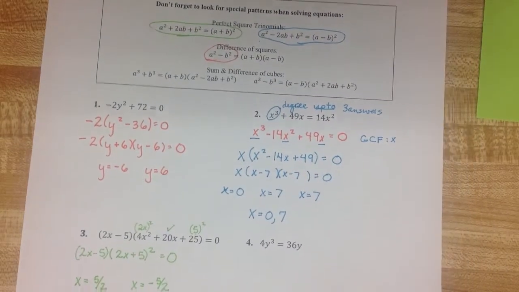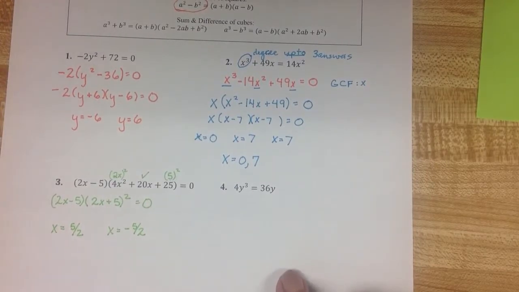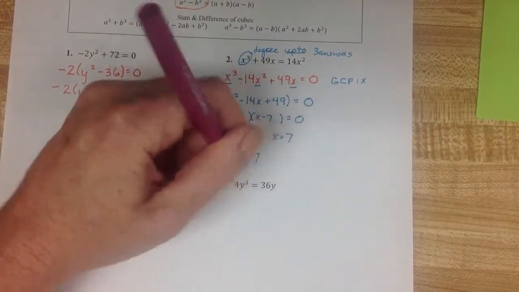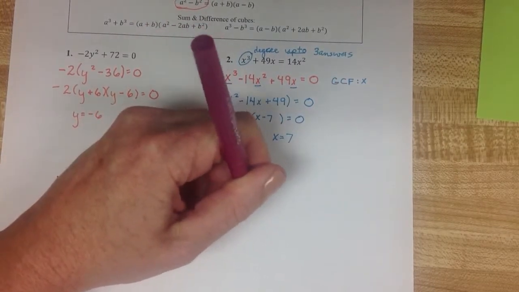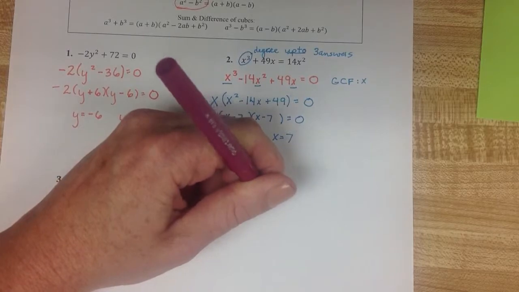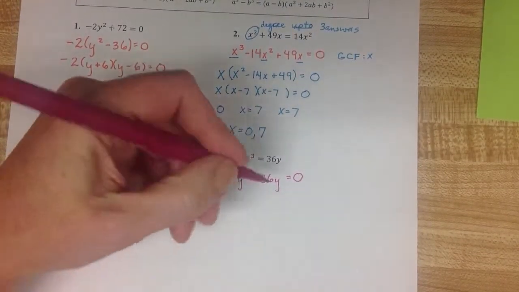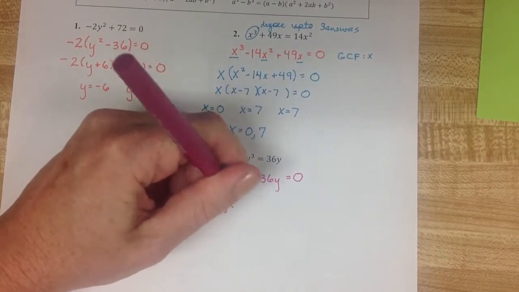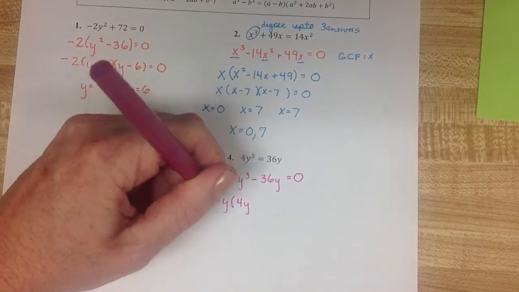Looking at this next example, 4y cubed equals 36y. I will move the 36y over to the other side. Factor out the y that both of them have in common, which will leave me with 4y. Actually, I can factor out a 4y.